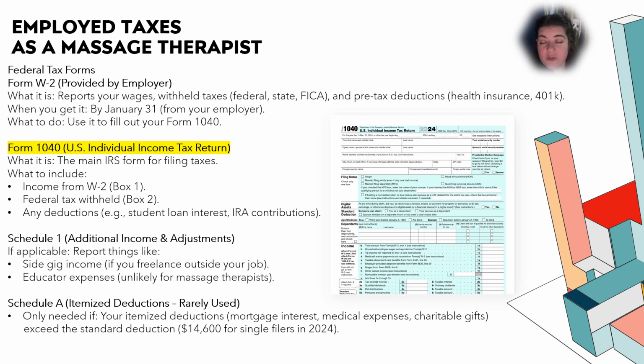Now, this could include things like student loan interest or IRA contributions, but if they don't override or are not higher than the standard deduction, then you're going to just stick with that standard deduction usually. Again, see a tax professional for all of this, but it makes filling out your 1040 ridiculously easy when you only have this W-2 to put in there.